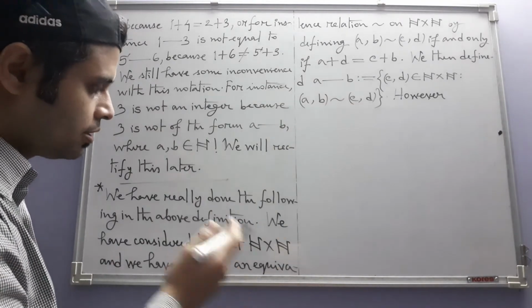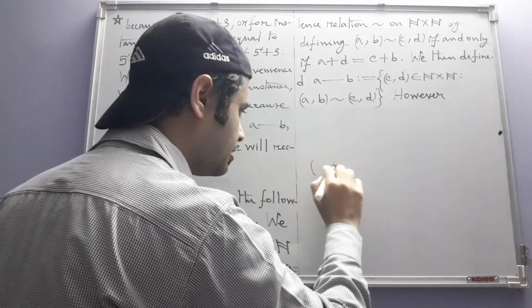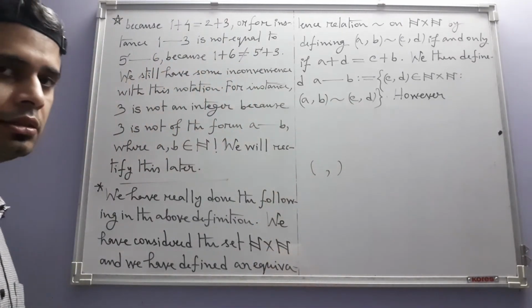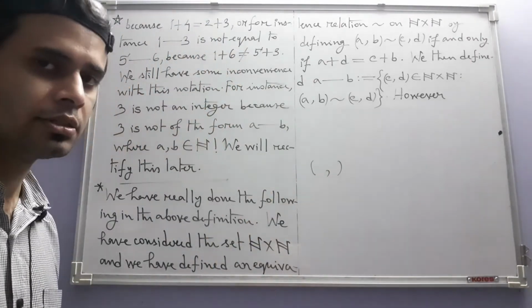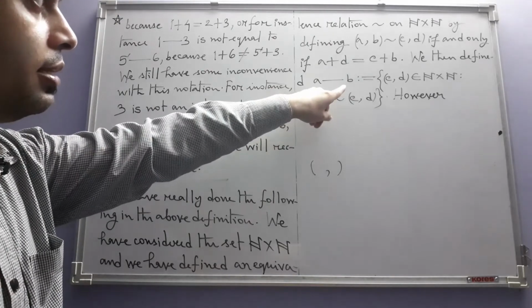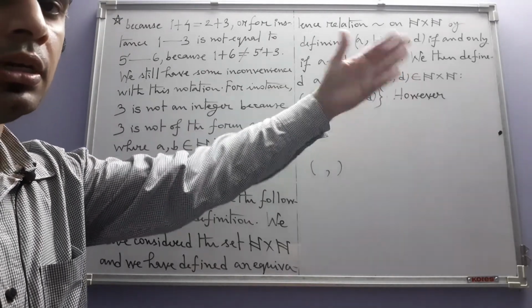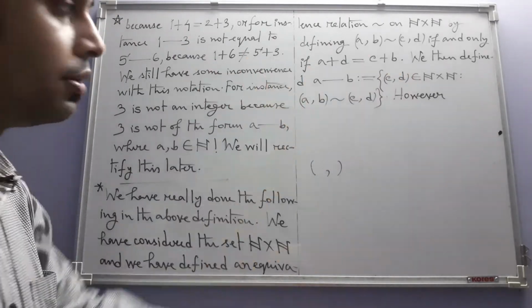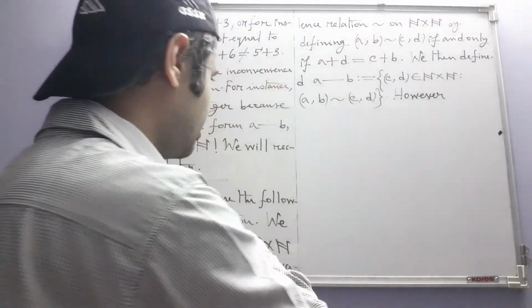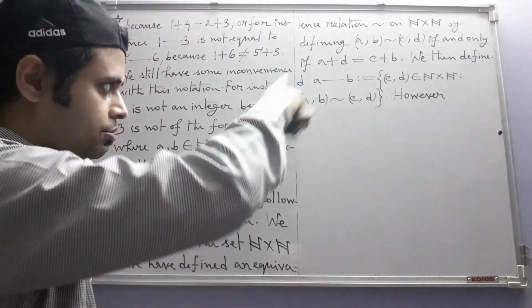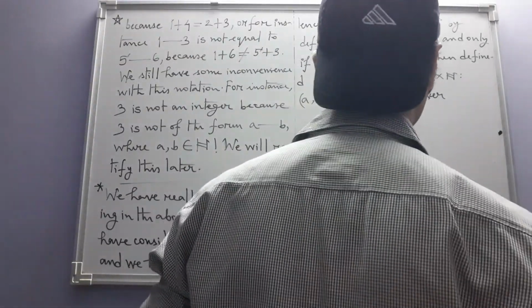The situation is somewhat like defining an ordered pair of two elements. It can be defined using only the elements of set theory. Just like that, an integer can be defined only using the elements of set theory. That's all. So the aim of this footnote, it's actually a footnote in the text, is to show that it can be done in that way.